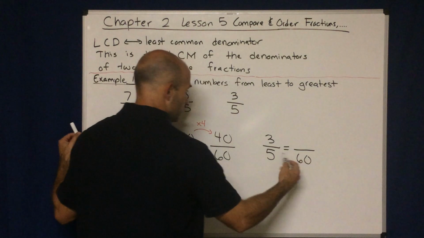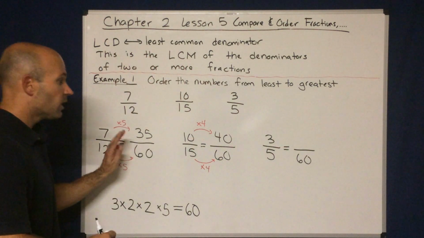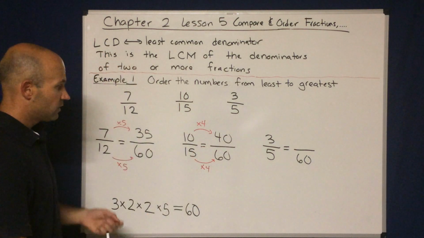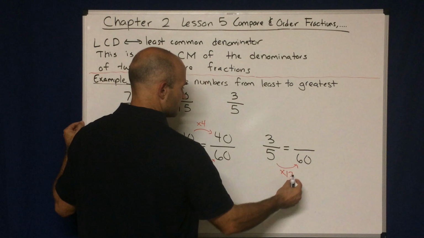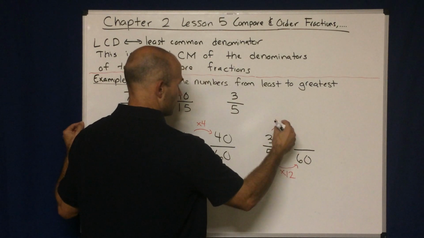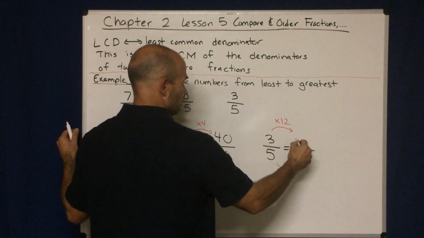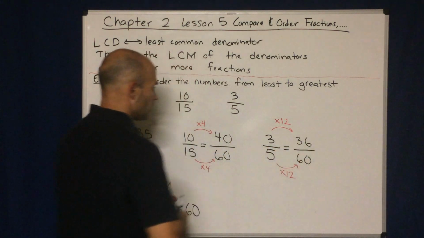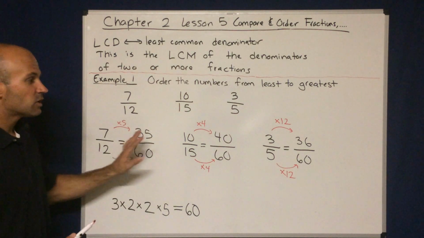You can always pause the video and try and find the next numerator that I'm going to compute. But these are problems that we've done before in previous lessons. 5 goes into 60 12 times. It's okay, often in math you have to go back and review things, and that's allowed. 3 times 12 is 36. All of the hard work is done. So we aren't going to have to do too much more arithmetic.